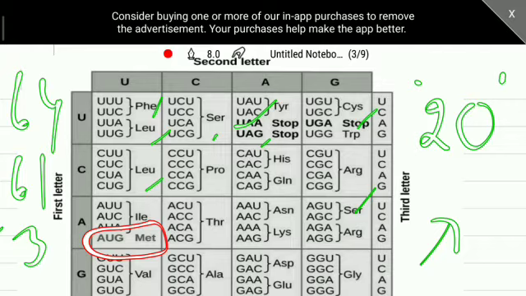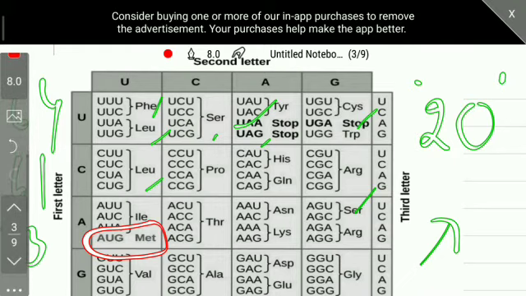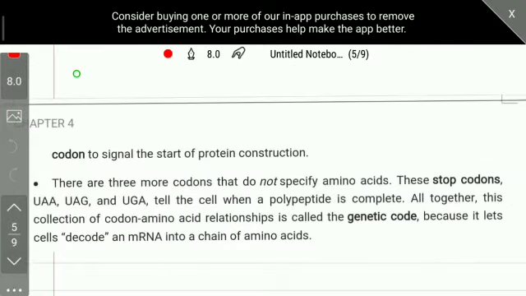All mRNAs have AUG as their starting codon, and all proteins have methionine as their starting amino acid. Okay, let us move on to the next slide.